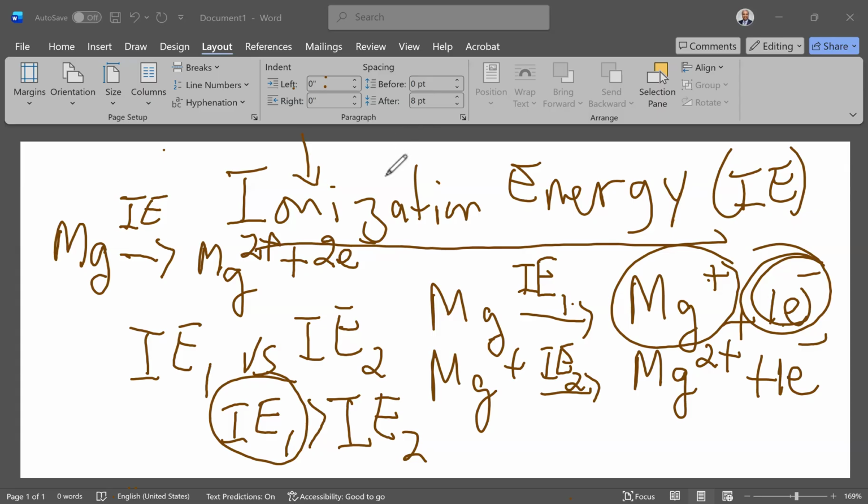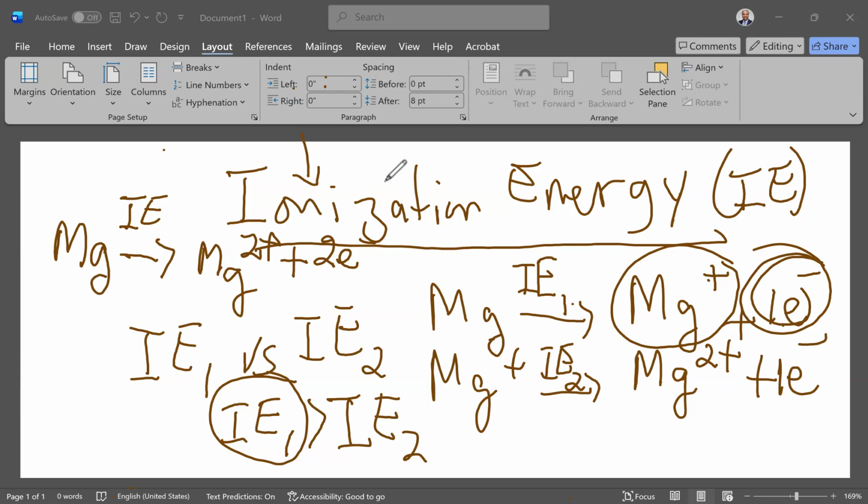That's the amount you have to put in to get these valence electrons out. Repeating, ionization energy increases within the period from left to right, opposite to atomic radius, and decreases within the group from top to bottom.